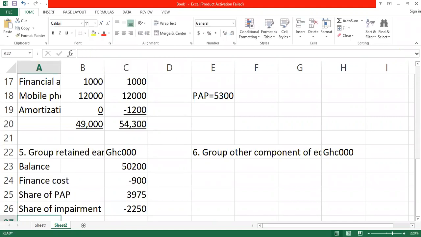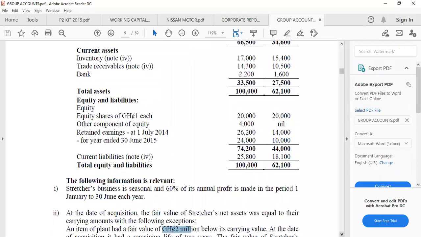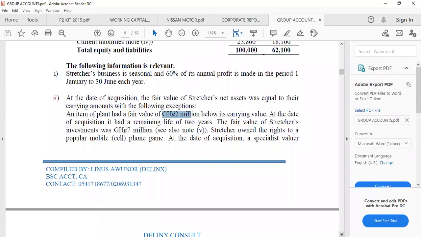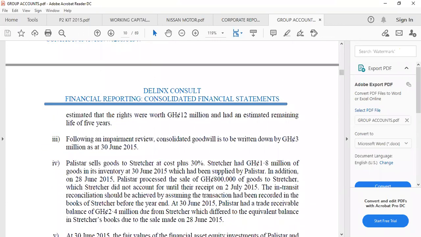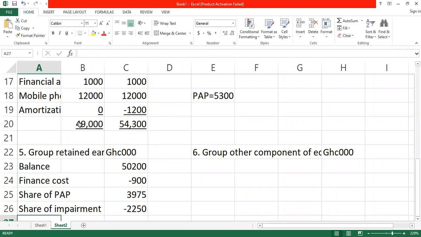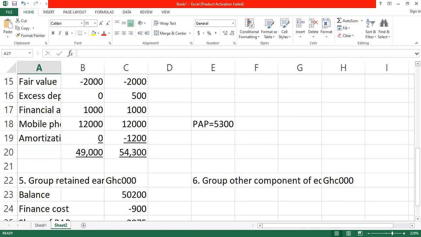All right. Let's move on again before we deal with the items one by one. Okay. So we are done with the impairment loss. Okay, let me calculate the goodwill for you. What is the net asset at acquisition? 49,000. That is the total value of the company, isn't it?